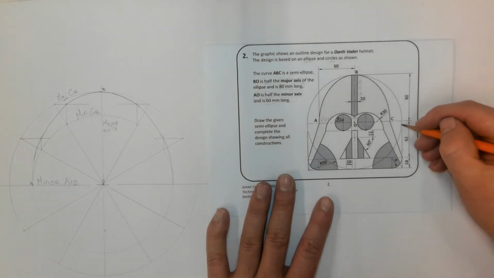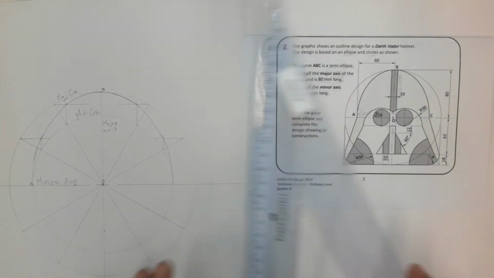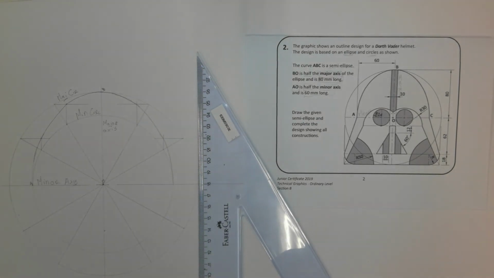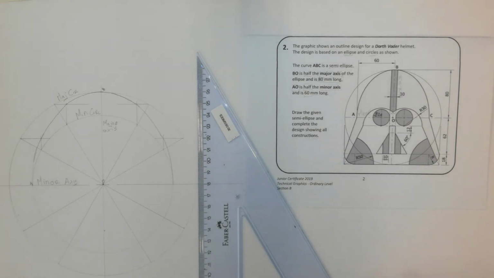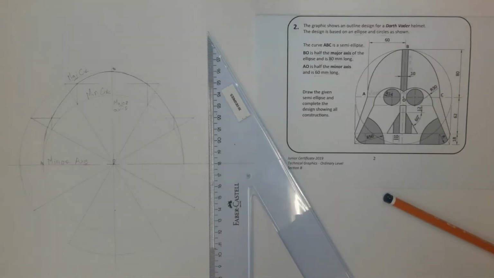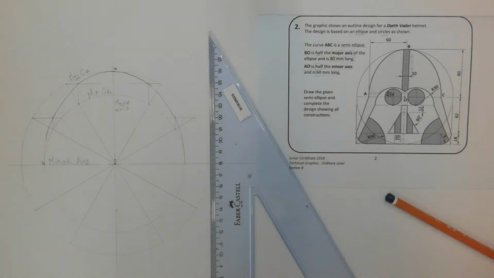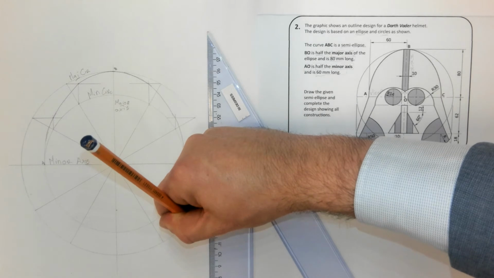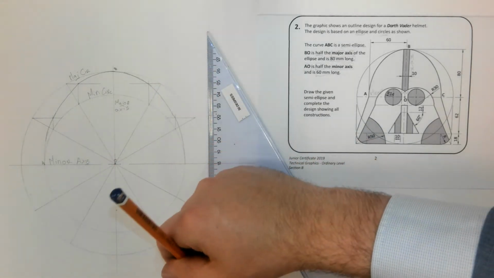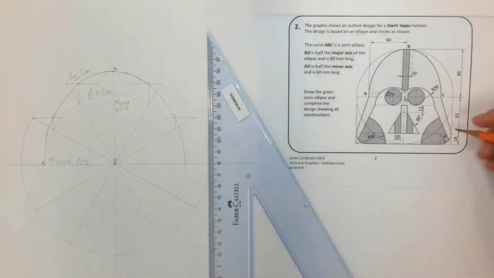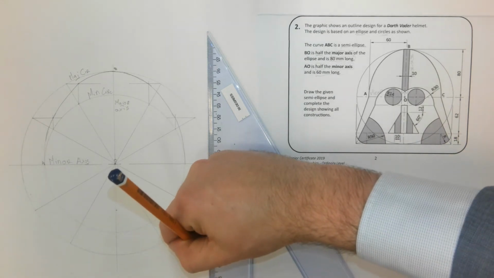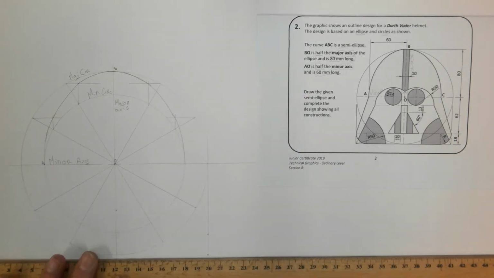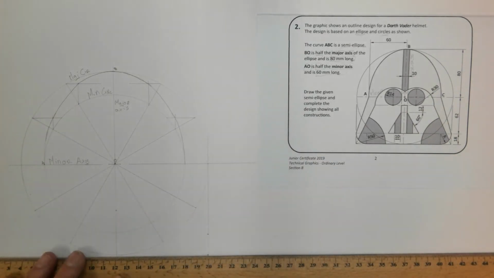Right, so I'm going to do this one here. Down 62 for this point, from the outside of the circle. So down 62, and then another 18, that is 18 total. I can do a light line across there.